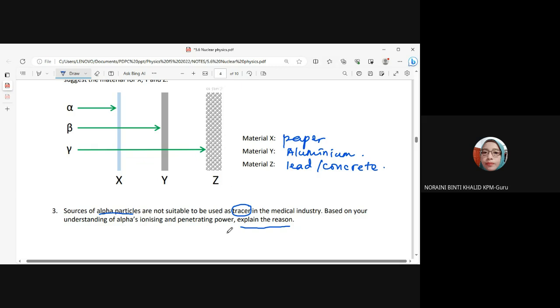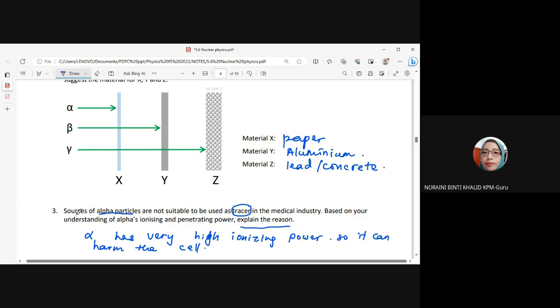Jadi ni boleh explain dari segi ni, alpha has very high ionizing power, so it can harm the cell.